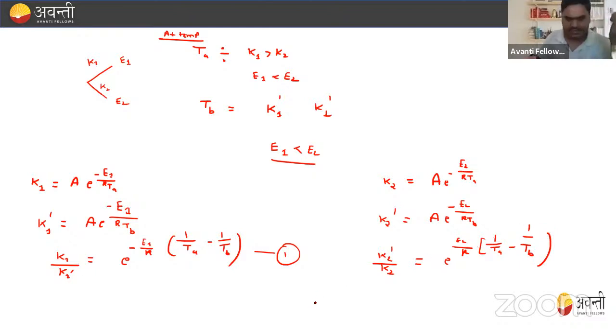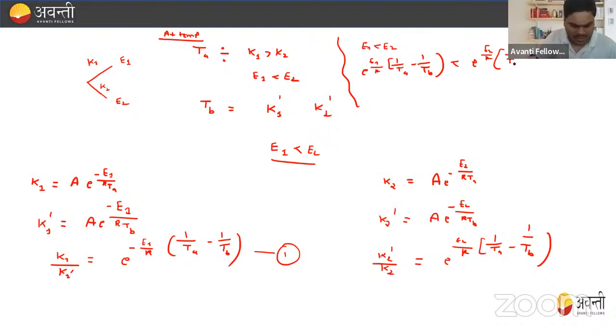Now it is given from the question itself that E1 is less than E2. So E1 R 1 upon TA minus 1 upon TB is less than E2 R 1 upon TA minus 1 upon TB, right?